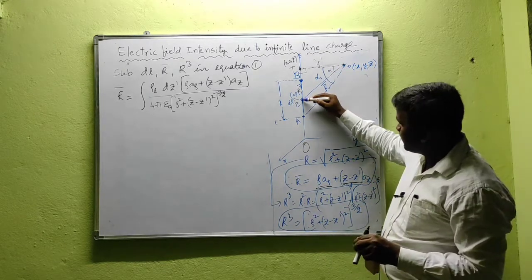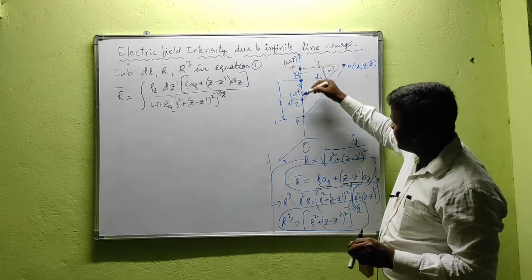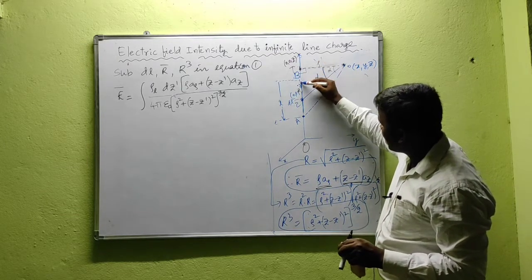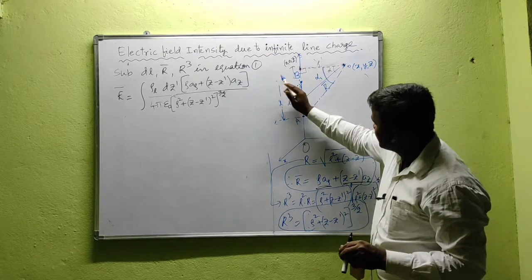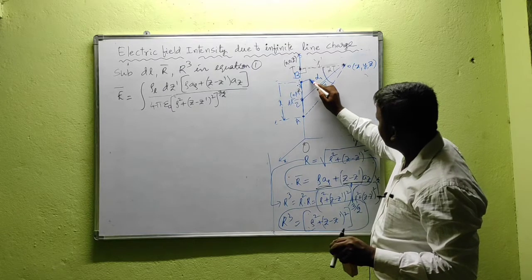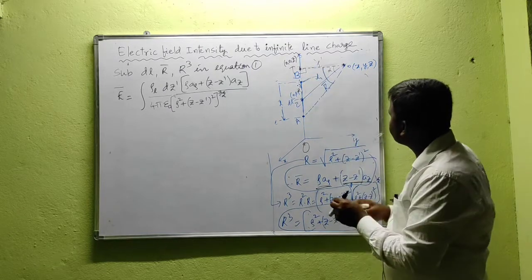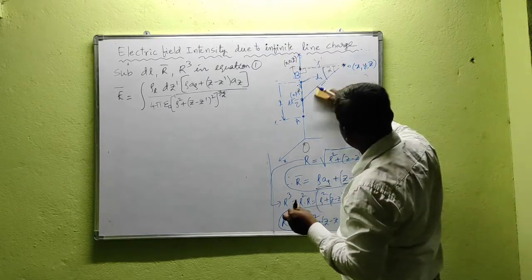Of course, this point may also be shifted upside up to point B. In that case the distance vector from the source point, which becomes point B, is drawn with this black color.